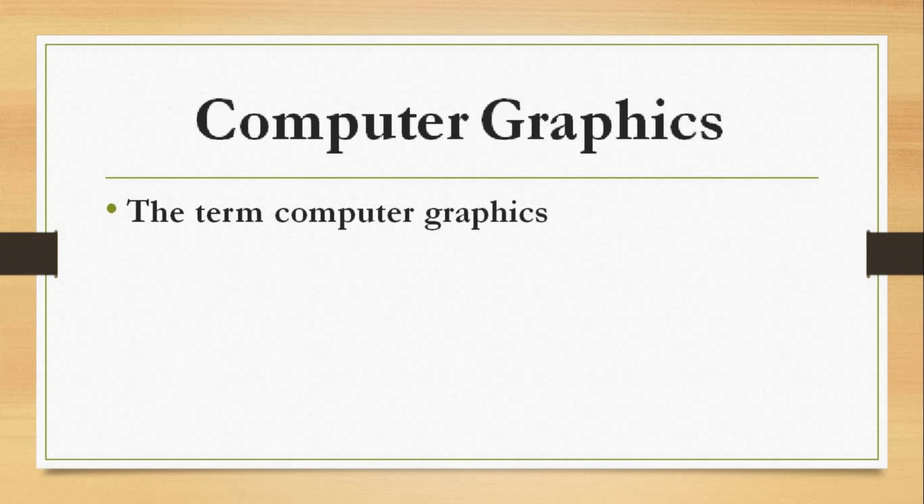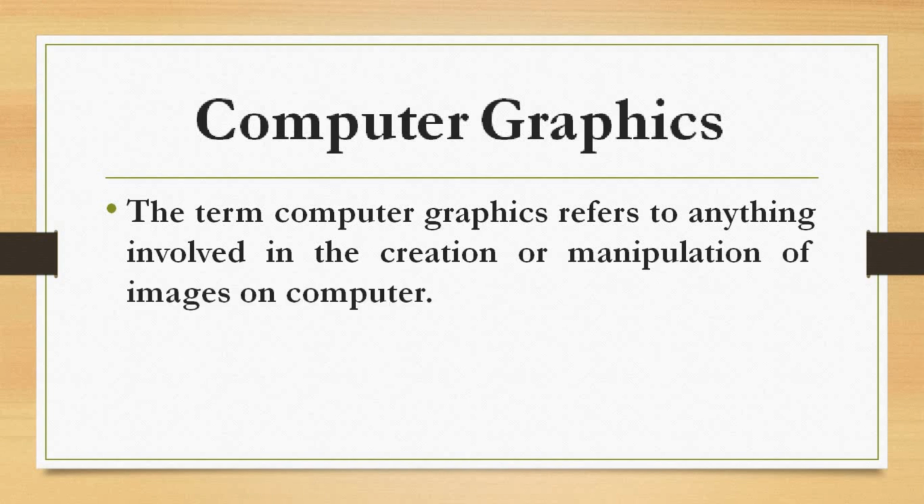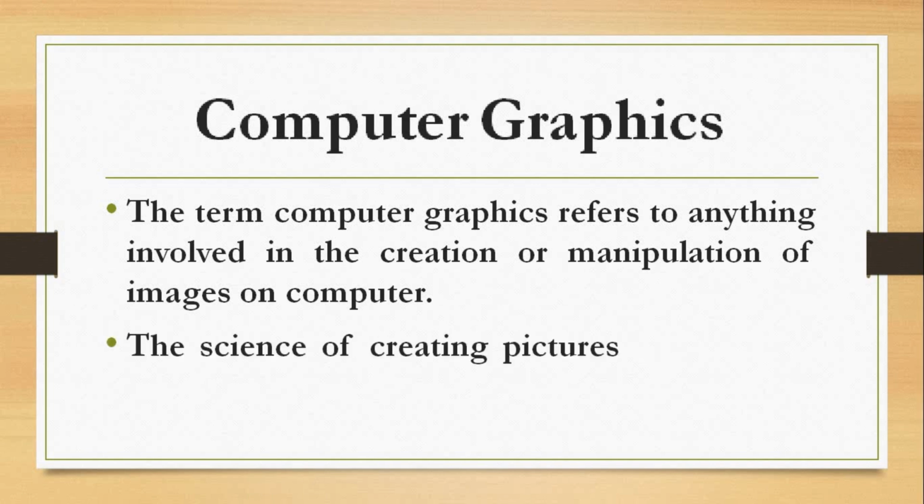The term computer graphics refers to anything involved in the creation or manipulation of images on computer. So what is computer graphics? Creating or manipulating or doing any operation on images on computer is called computer graphics. You can also define computer graphics as the science of creating pictures in computers.